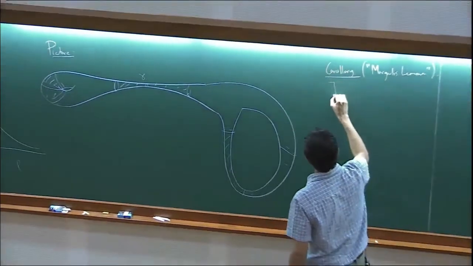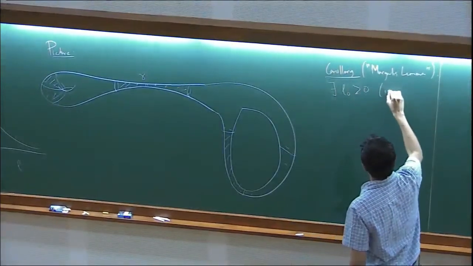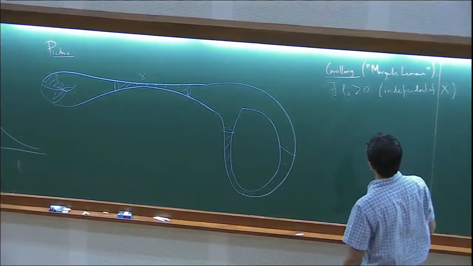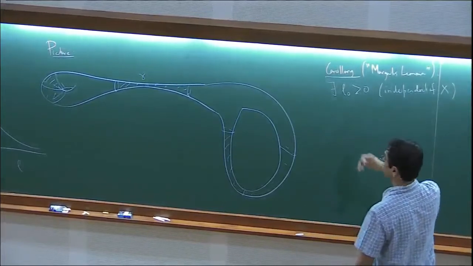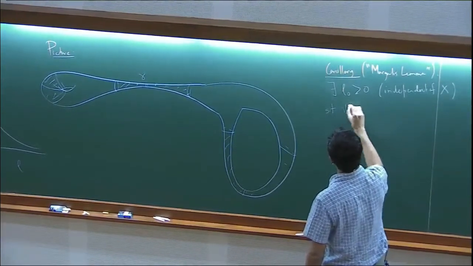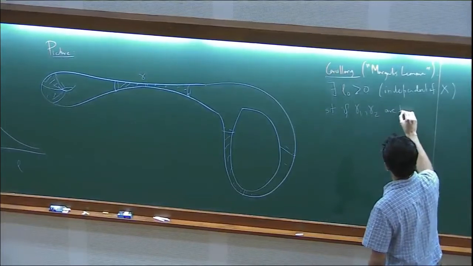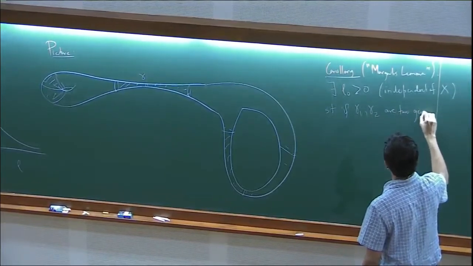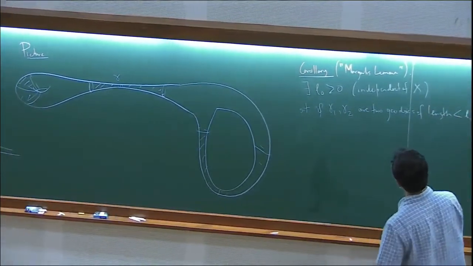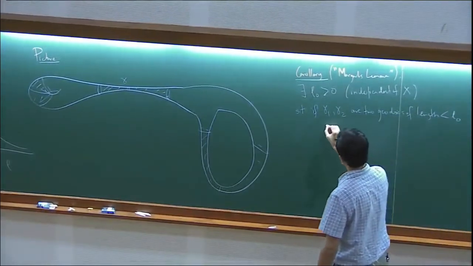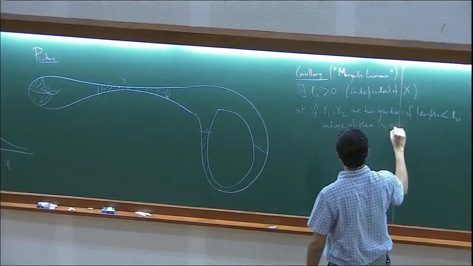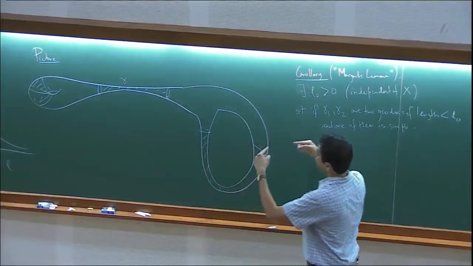It says that there exists a constant L naught, in fact independent of X. Okay, so this doesn't depend on what hyperbolic surface you're looking at, only on the topology of the surface, such that if gamma 1 and gamma 2 are two geodesics of length less than L naught, and one of them is simple, then the picture looks like this, they can't intersect each other.